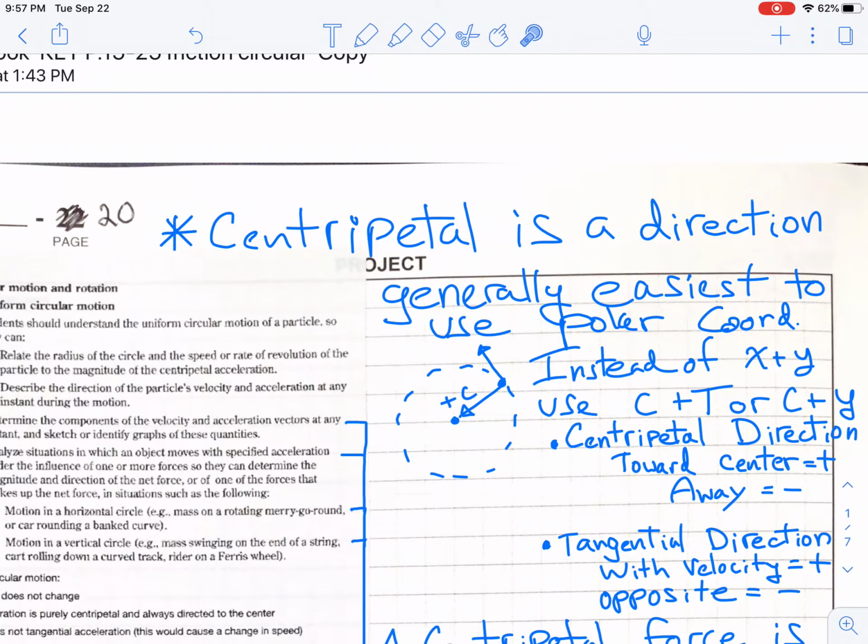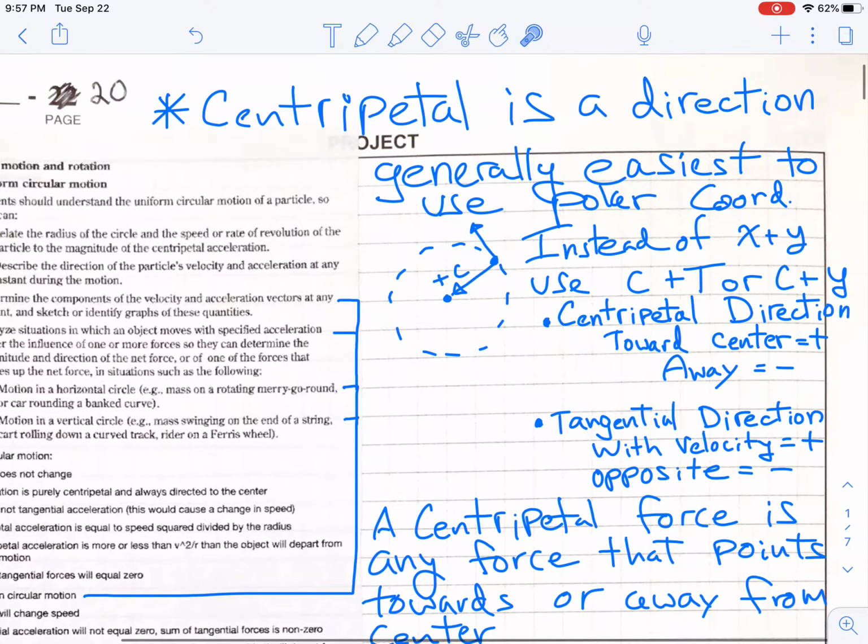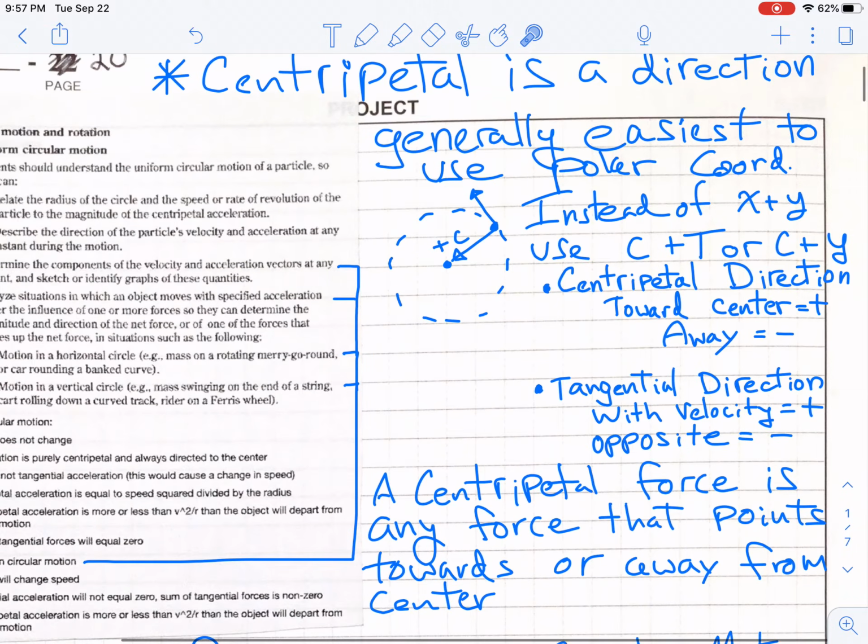If you are going to slow down going around a circle, then the tangential acceleration would need to be negative. A centripetal force is any force that points towards or away from the center of the circle that you are moving around.